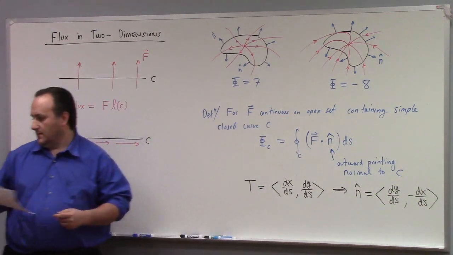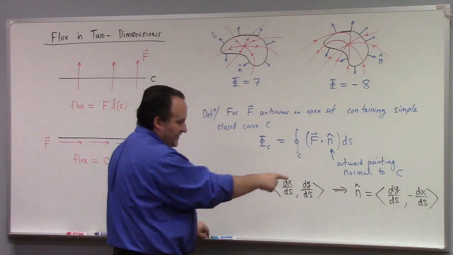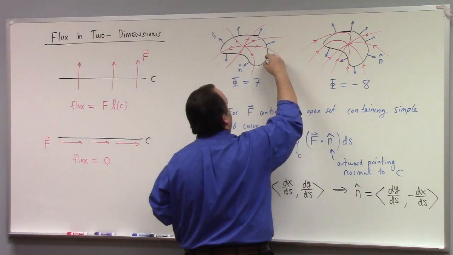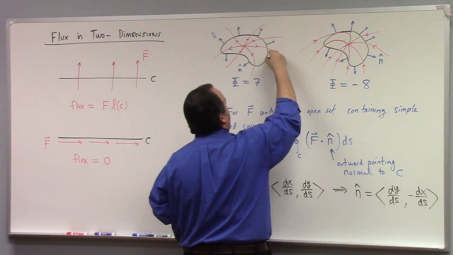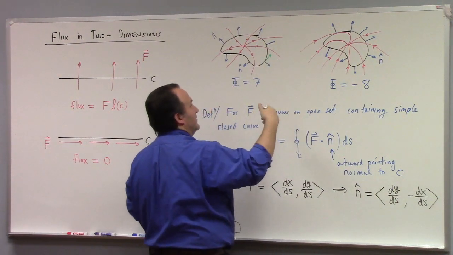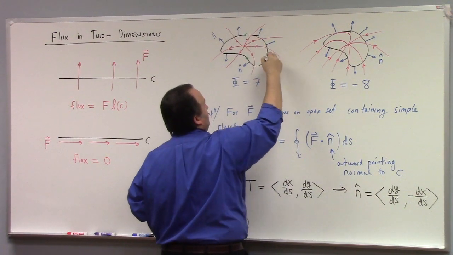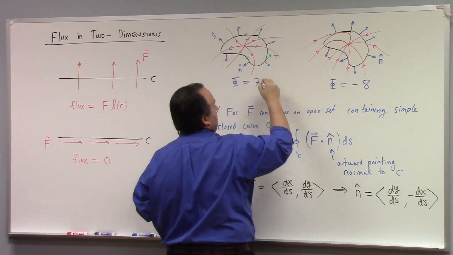Let me just draw a couple of unit normals, and let's just check this formula. So like here, let's see here. We have to give the curve the positive orientation. I should mention that we're orienting it in the counterclockwise fashion. So like this, right? So there would be my unit tangent.